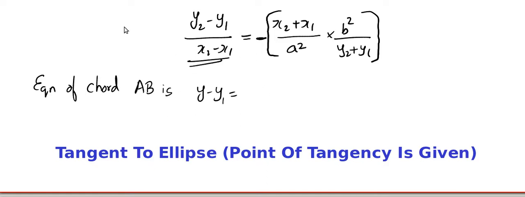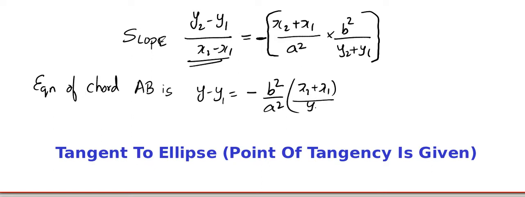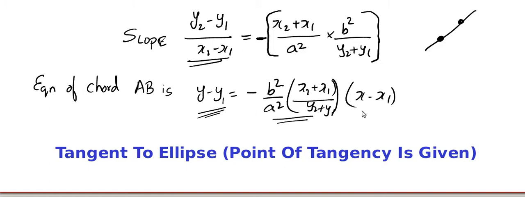What's the slope? This is the slope. I just derived it. Minus b square by a square into x2 plus x1 by y2 plus y1 times x minus x1. I hope you remember the equation of a line passing through x1, y1 is given by y minus y1 equal to slope times x minus x1. Anyway, we have the slope.